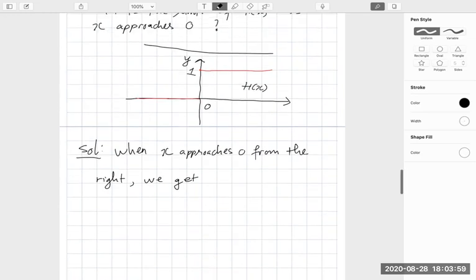From the right, here going to this, it means it goes close to 1, right?